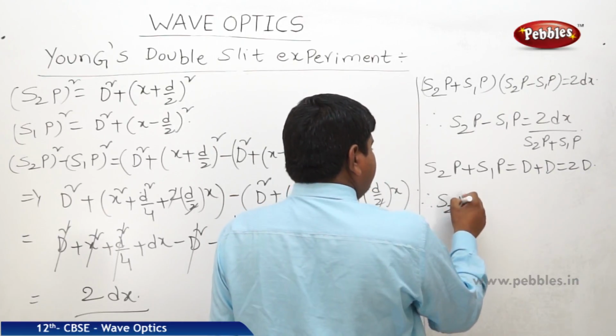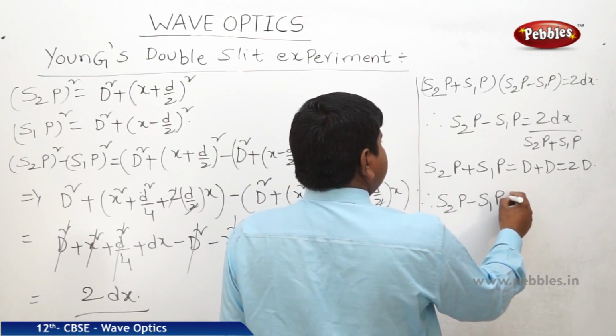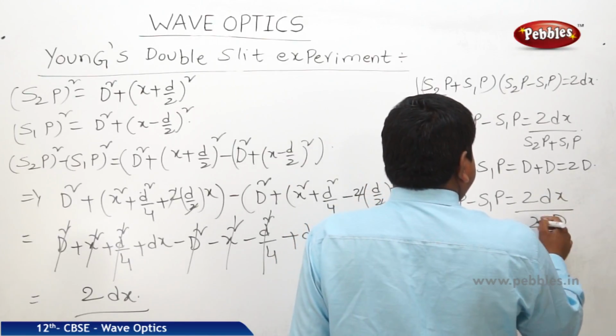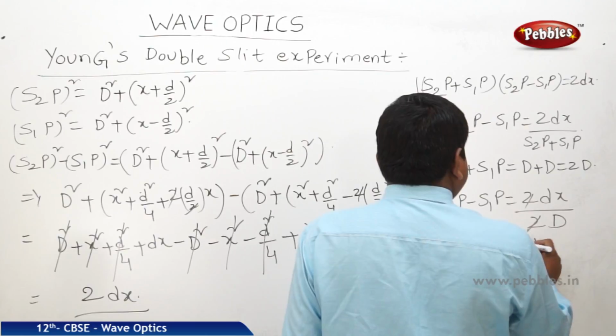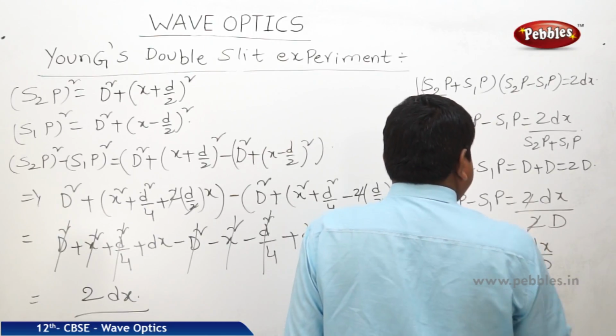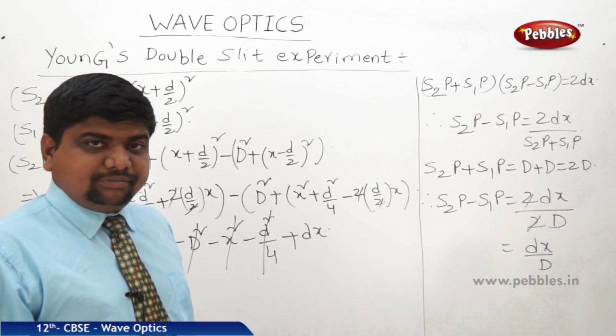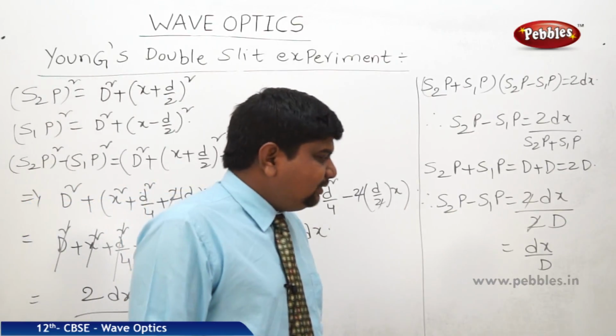Therefore S2P minus S1P is equal to 2dx by 2D, 2 get cancelled, dx by D. So what is this? S2P minus S1P is equal to dx by D.